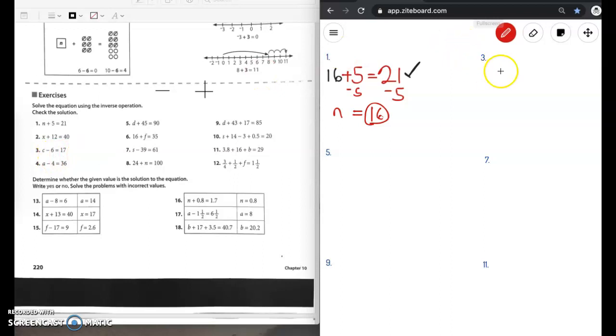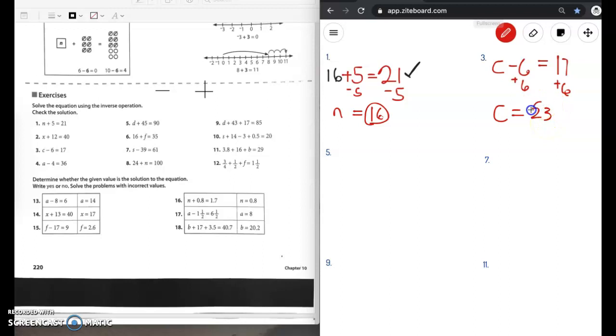C minus 6 equals 17. What is the inverse operation of minus 6? If you said plus 6, you are correct. Now, let's go ahead and solve this. Negative 6 plus 6 is 0, so we just have C here. 17 plus 6 is 23.